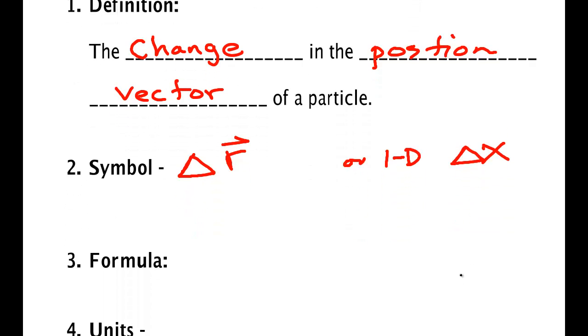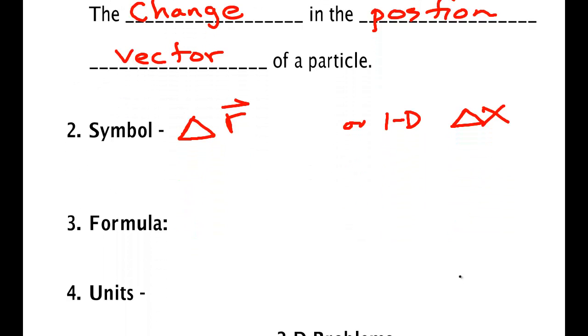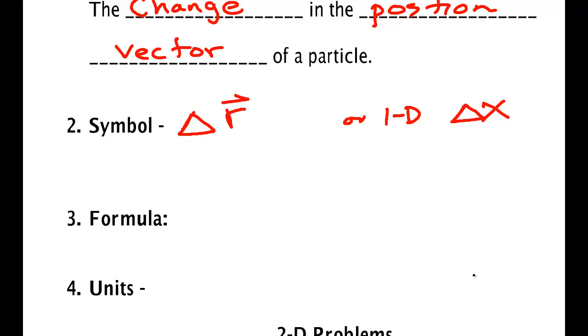Now, the formula for the displacement vector comes directly from its definition. Delta r is defined to be the second position or final position vector minus the initial position, or sometimes in books written as the first position.